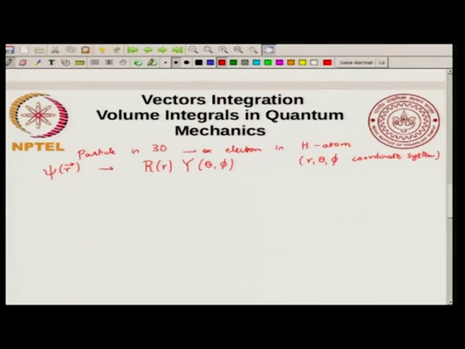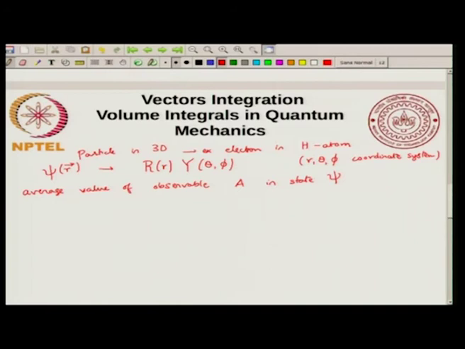Now any property you want to calculate involving psi of r involves integrals. Suppose you want to calculate the average value of an observable A in state psi.